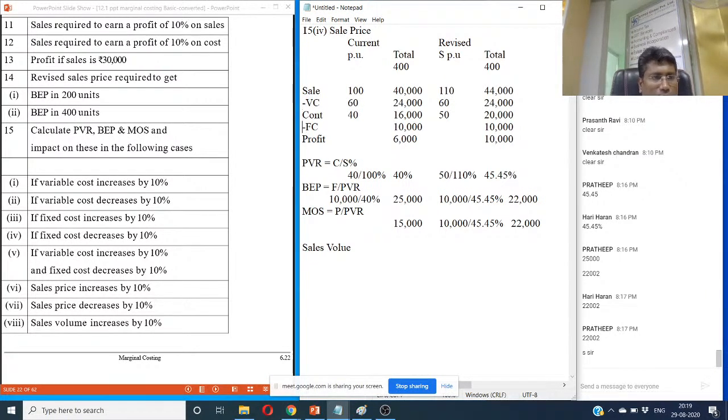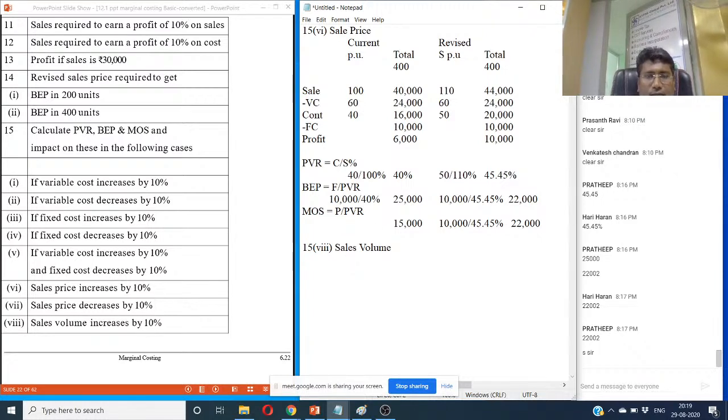Sales volume is all about, sir, 7th one. Not, sorry, not 6th one is correct. I was wrong here. 6th one. And sales volume, 15, and 8th one we'll be discussing.